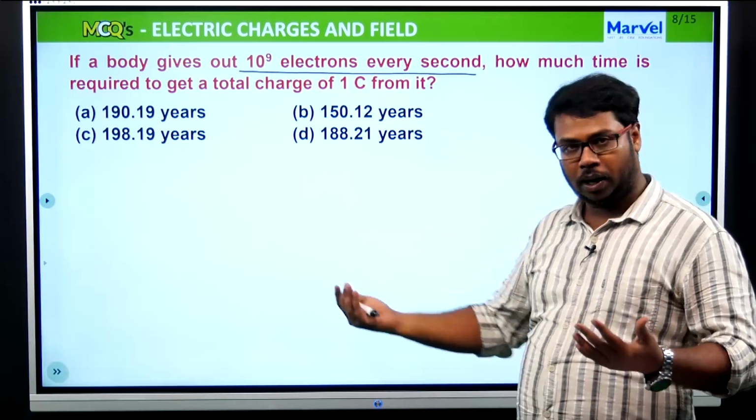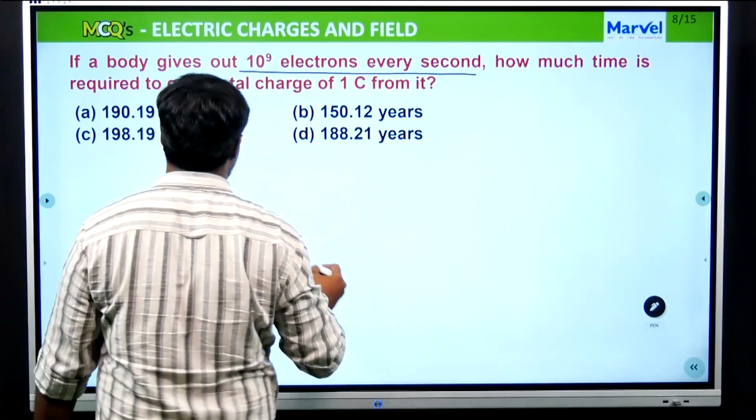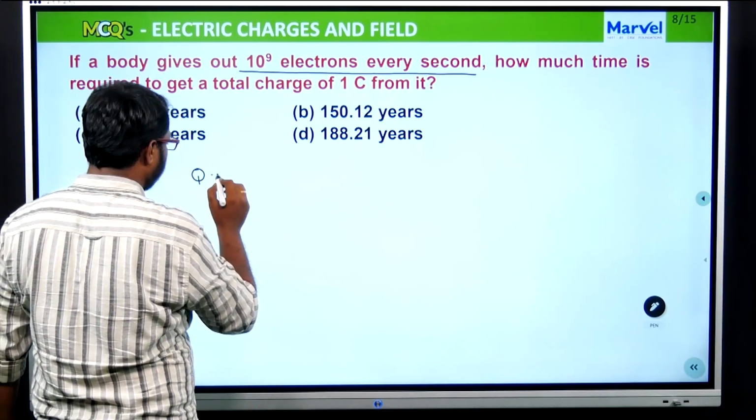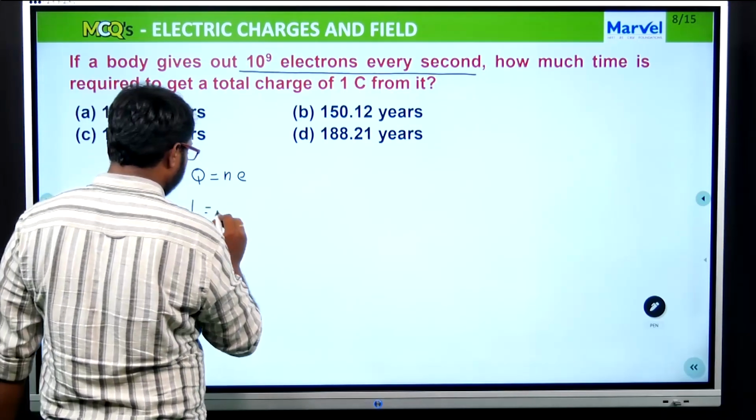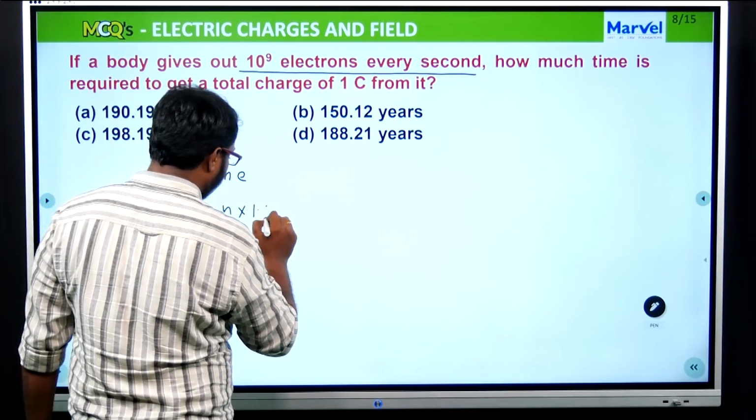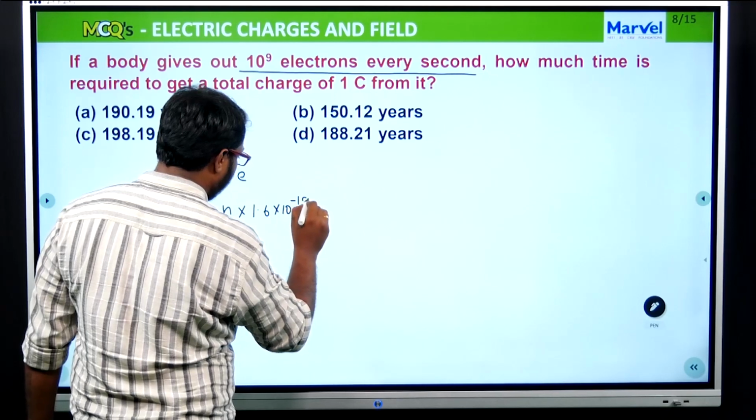Let me explain as I go along. First, capital Q is equal to n times e, again the same thing. Here Q is equal to 1, equal to n into 1.6 into 10 power minus 19 coulomb.